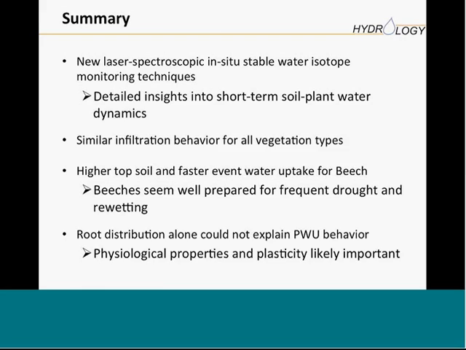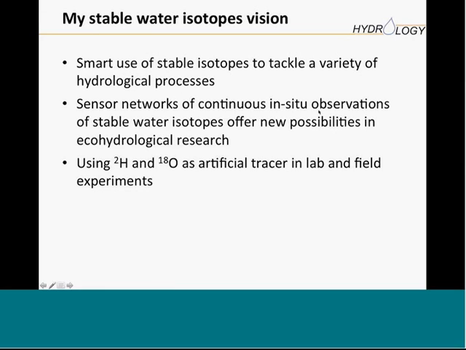To end, despite the short break we had, hopefully in time, I have 3 points I will make here. I think we really can do in the future a really smart use of stable isotopes to tackle a variety of hydrological processes.